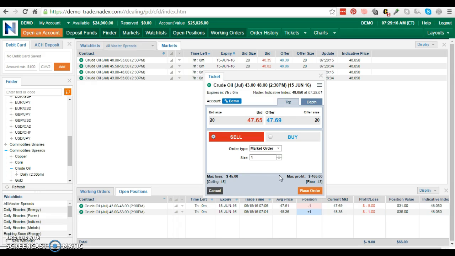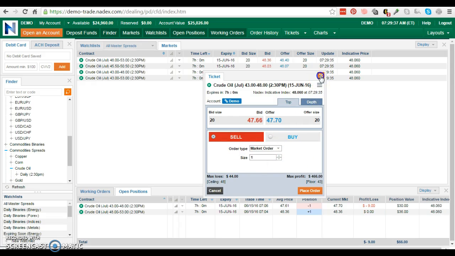Okay, and I have this drawn out to visually represent it on my Forex chart. So you can see I already bought this, so I'm not going to buy it again, but you can see 45, 465, and we sold.